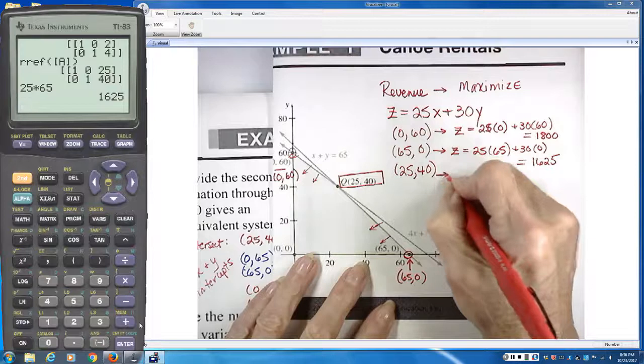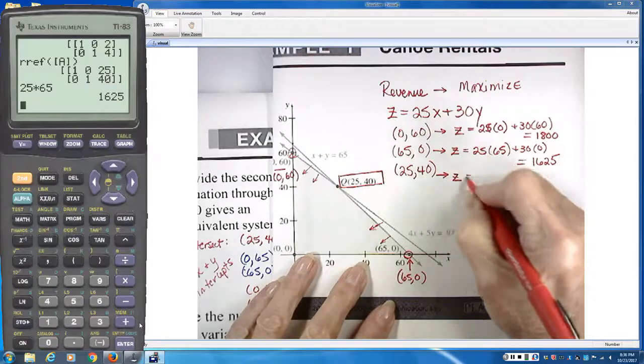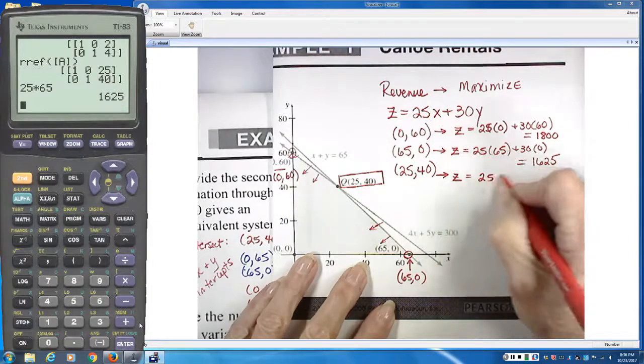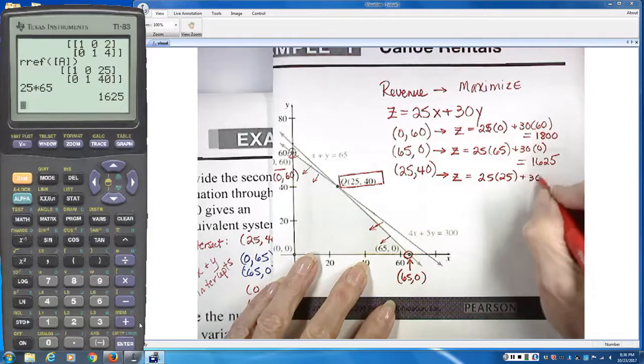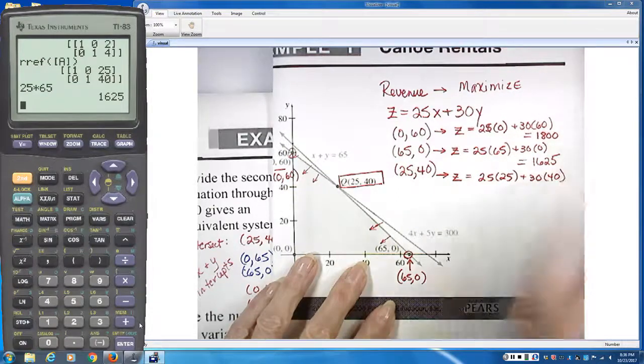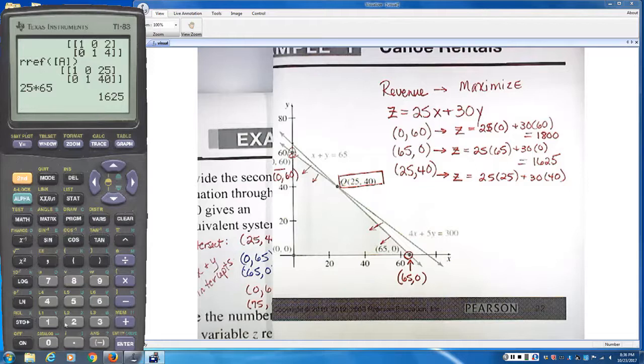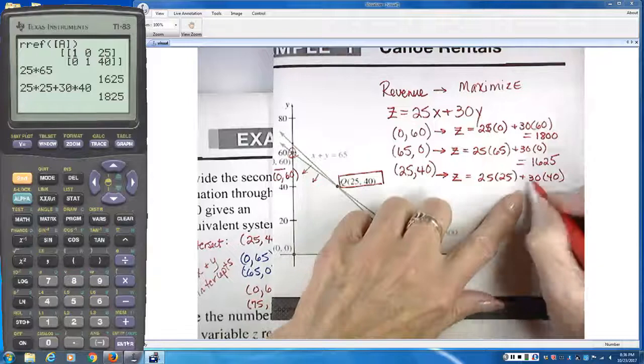So then we only have one more: 25 times 25 plus 30 times 40 is 1,825.